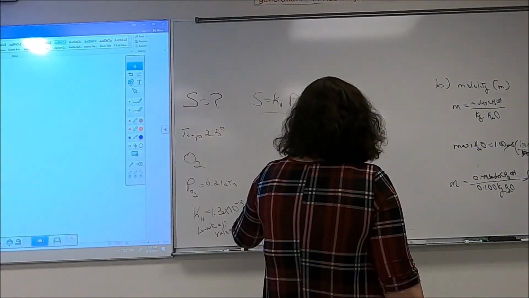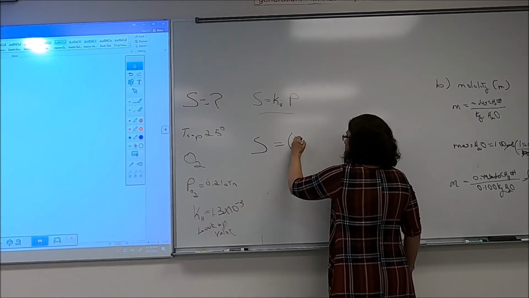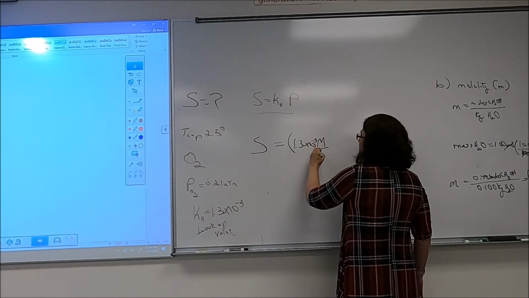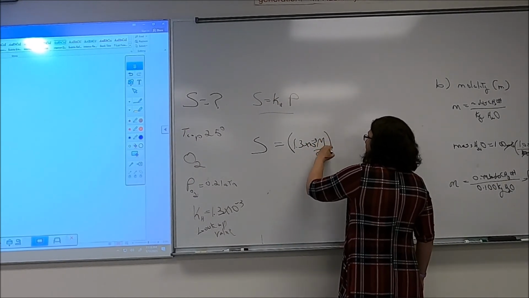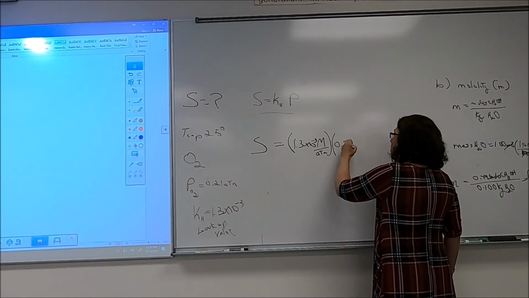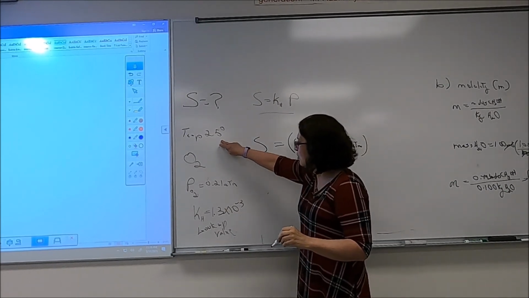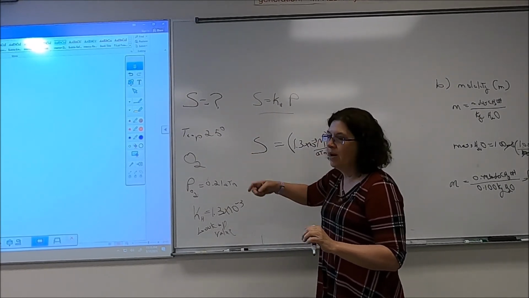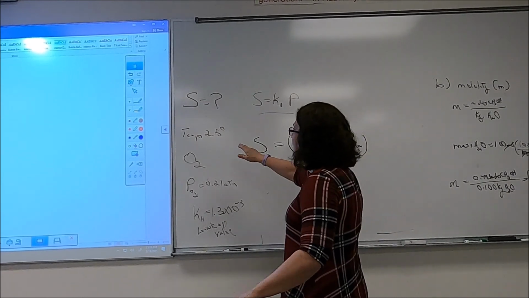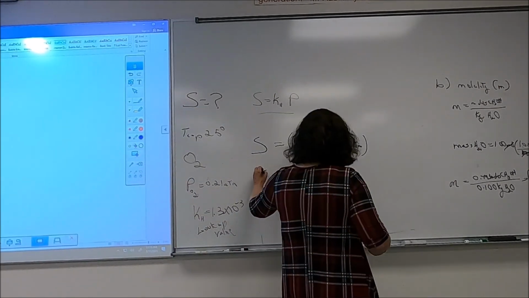So really, all I have to do here is plug in. S is going to equal our K factor, 1.3 times 10 to the minus 3, which has units of molarity over atmospheres, times our partial pressure of oxygen, which is 0.21 atmospheres. Notice the total pressure and the temperature of 25 degrees are kind of extra information. The 25 degrees helps us because our table was for 25 degrees.